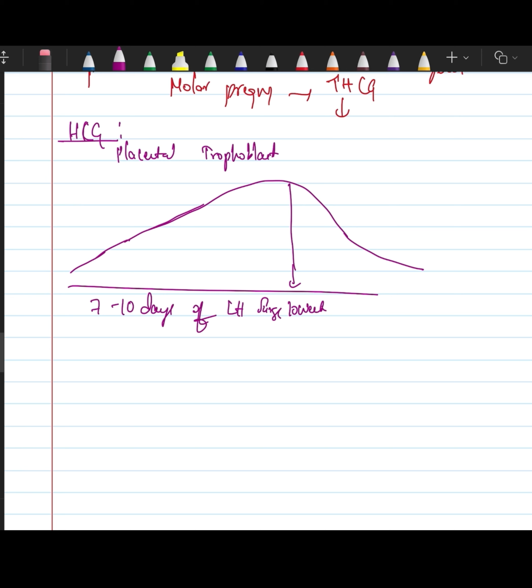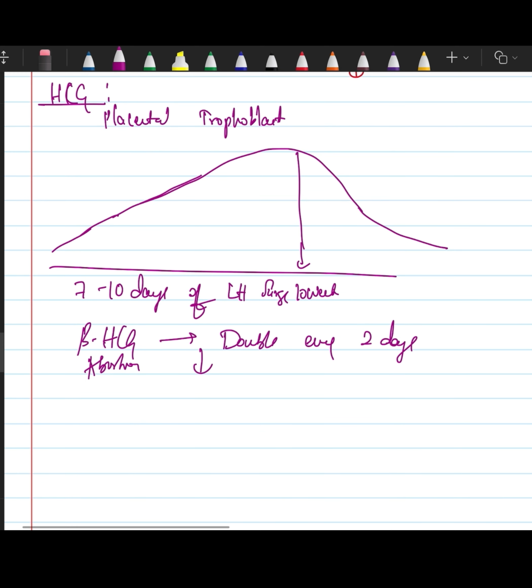Okay, and if it is an intrauterine pregnancy, this beta HCG is going to double every 2 days. Understood? If it is a declining pregnancy or a miscarriage or abortion, it is going to decrease. Understood? So it can reach up to 1 lakh in the first trimester and then it can decline in your second trimester.